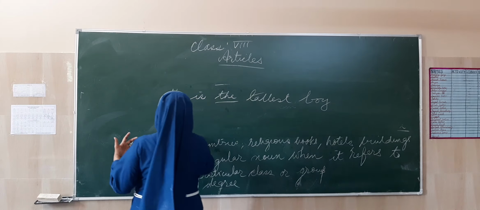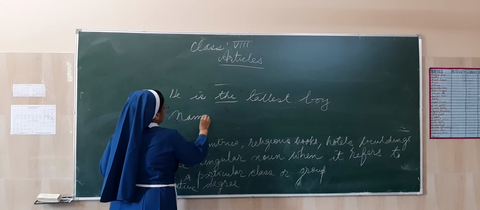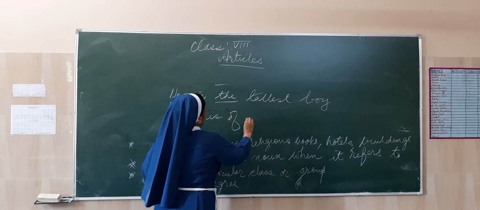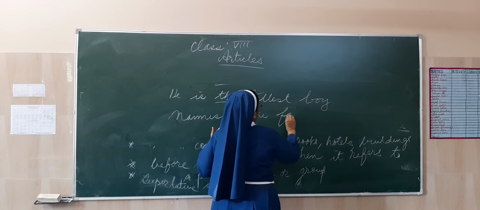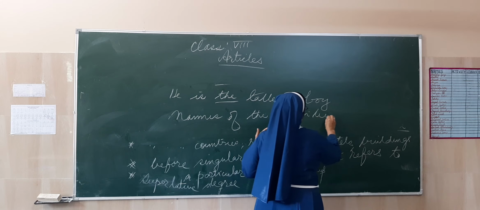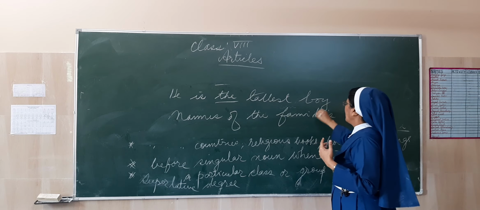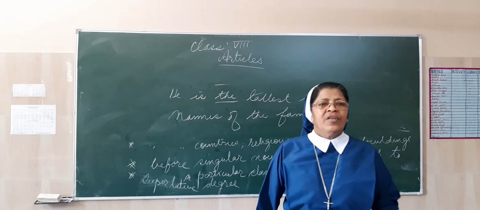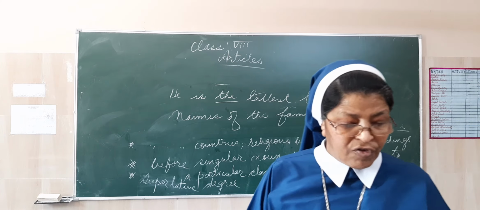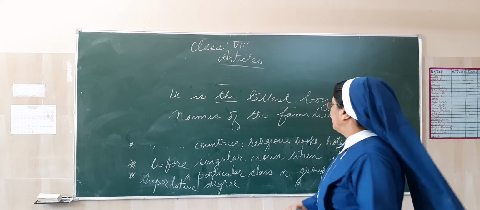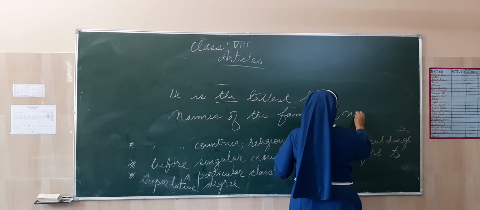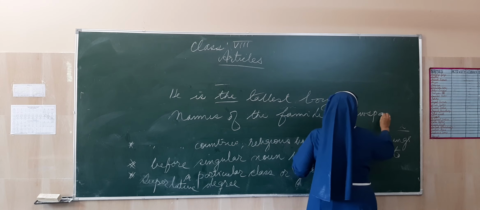Then we also use the when we want to mention the names of families. You say the Gupta families, the Sharma families. You can also use it in front of newspapers, yes.